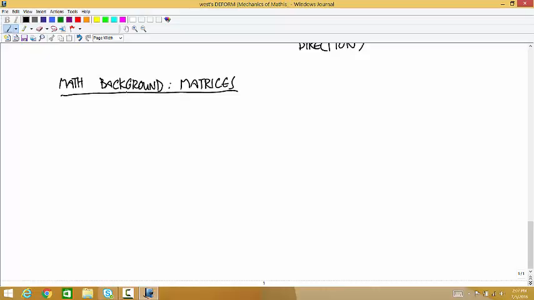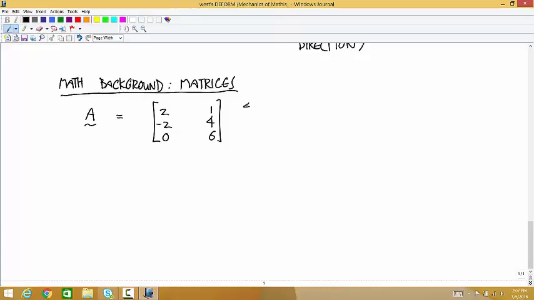So let's say that you have a matrix A. To represent this as a matrix, give it an undersquiggle. And let's say that this one is 2, 1. That's the first row. -2, 4, 0, 6.